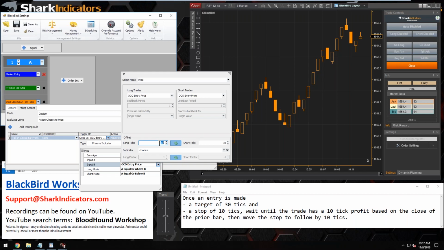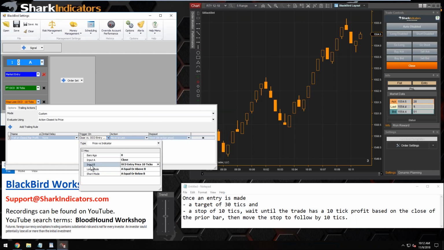A positive 10 ticks means 10 ticks above the entry price for a long trade. And of course the shorts are the opposite: negative 10 ticks from the entry price.